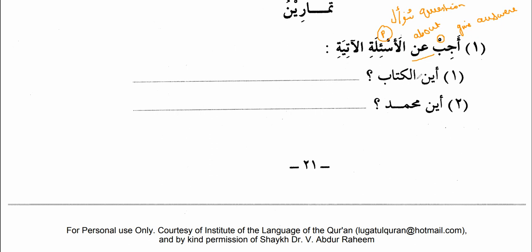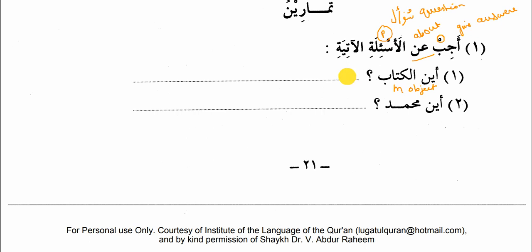And it is a male object. So if you want to use the damir, first see whether the noun is male or female, plural or singular. Everything you have to see and check. So here it is singular and it is male. So what damir will you use for male?